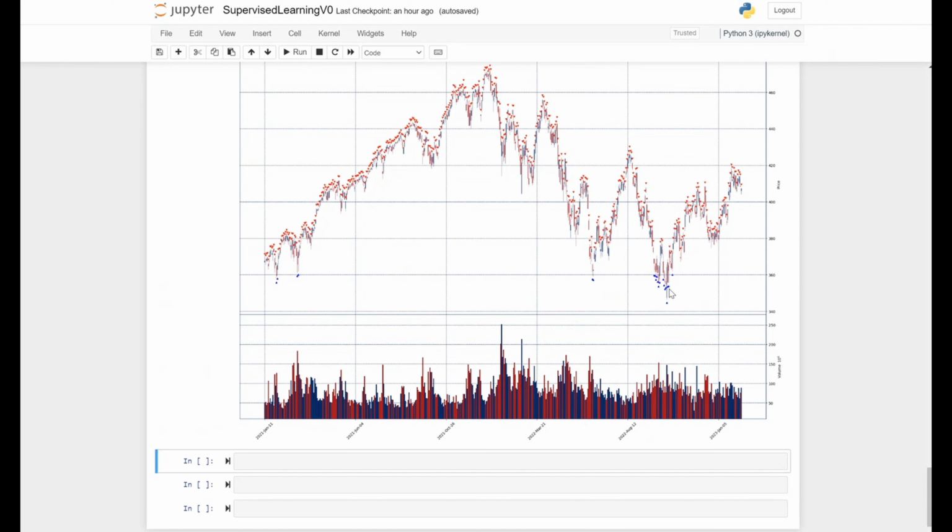Again, this confusion matrix tells us that this simple supervised learning model does not work that well. We shouldn't follow it for trading, right? But it looks like it happens that this model somehow picked those bottoms of the last year.